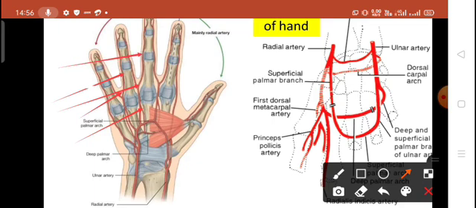Then the third common digital artery again divides into two proper digital arteries. They supply the lateral side of the middle finger and medial side of the index finger.